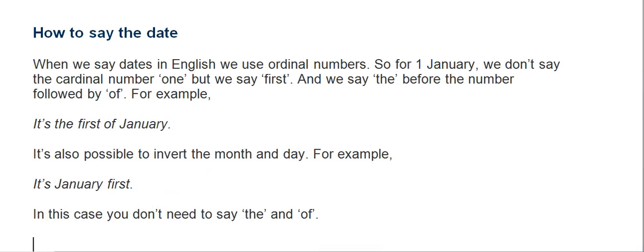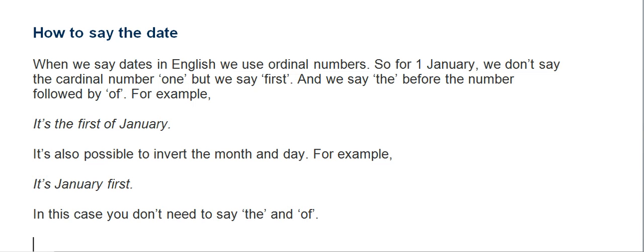Now how to say the date. When we say dates in English, we use the ordinal numbers. So for 1 January, we don't say the cardinal number 1, but we say first, and we say the before the number, followed by O. For example, it's the 1st of July.